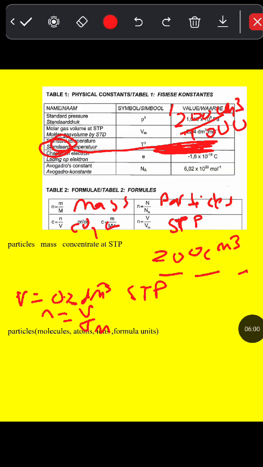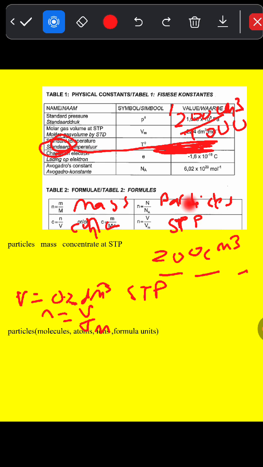Remember we said when you look at your formula sheet, you should write this statement to remind yourself: particles must concentrate at STP. It means when they mention the word STP, this is the formula that deals with STP.